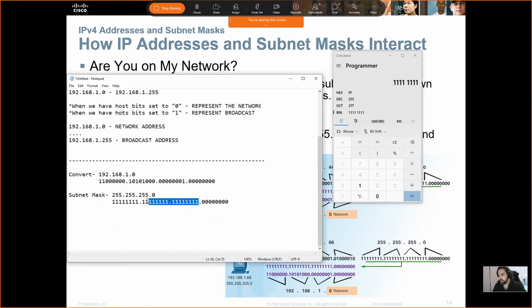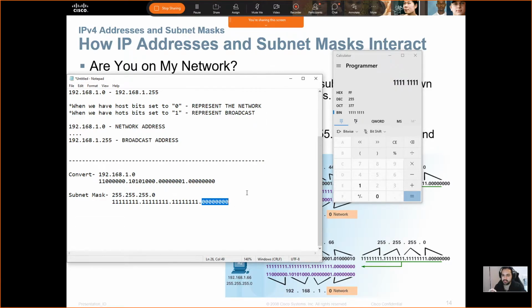In the subnet mask, all the ones indicate the bits that belong to the network. All the bits set to 0 in the subnet mask represent the hosts, the addresses that you can assign to each one of the hosts within your network.